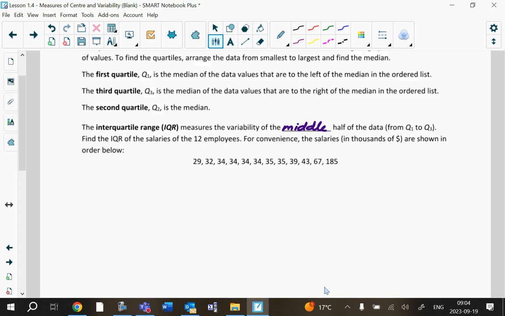So how do we do this? Well, here's the original data. Remember, the original median we found was $34.5. Okay, that's the original median, which represents the second quartile, Q2.